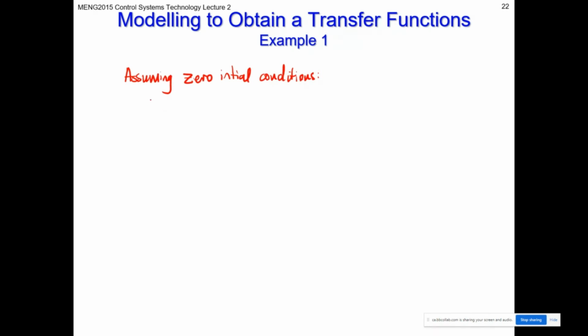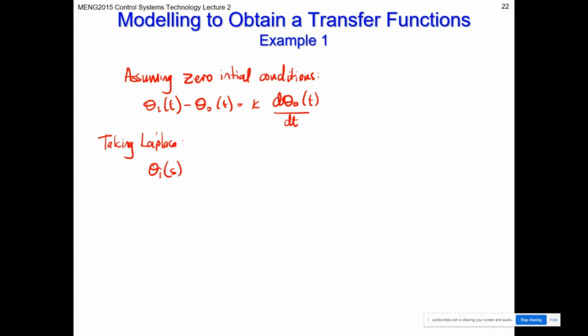So assuming zero initial conditions, we say input minus output equals k d theta, rate of change of our temperature, taking the plus, we have theta I as a function of s minus theta out as a function of s. So this is just transforming each of these in turn.